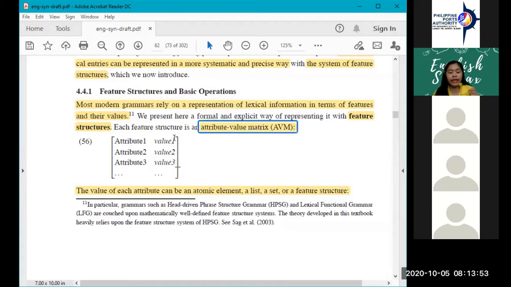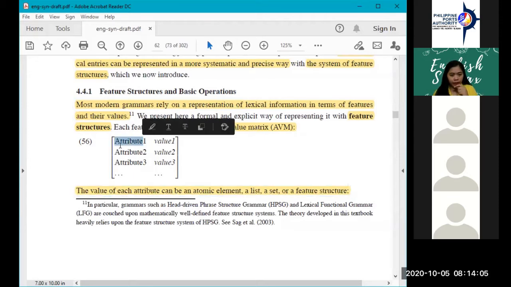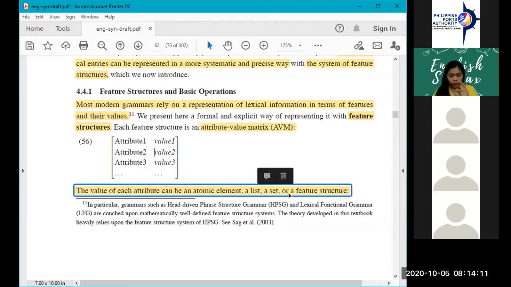So remember here that using feature structure, the value of each attribute can be an atomic element, a list, a set, or a feature structure. An atomic element, not an atomic bomb.